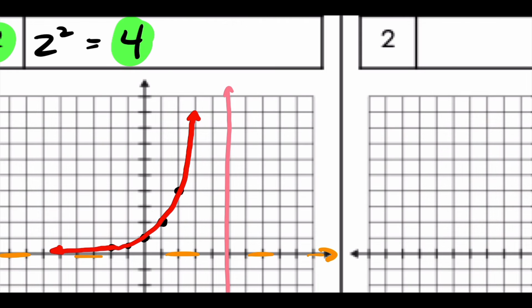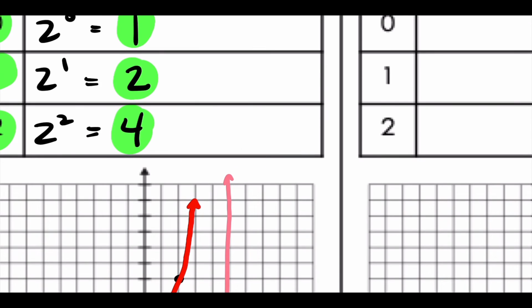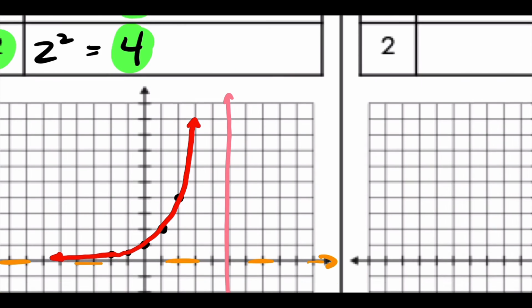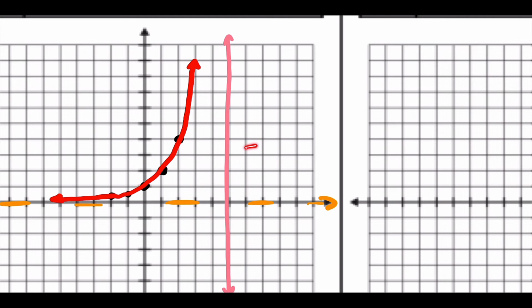It would, eventually. Somewhere way up here, they would meet, because this guy is not only going up, but it's also going to the right. So how far do I have to move that pink line this way so that it won't ever cross? Infinity again. So I'm over here on the right, so it's getting bigger, right? So it's positive infinity.